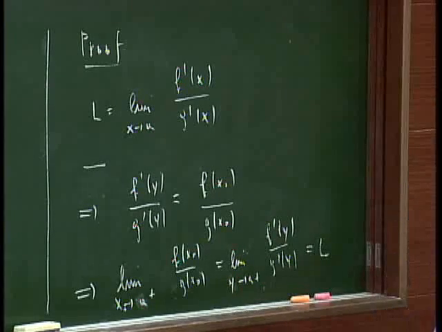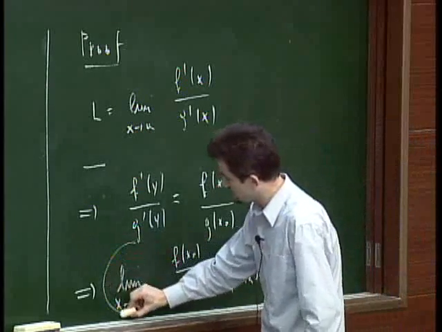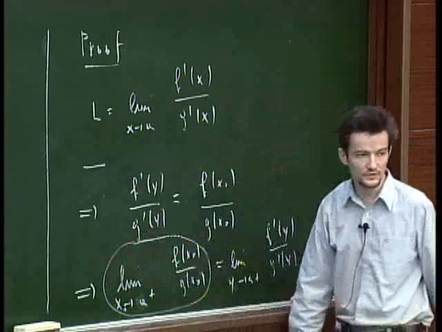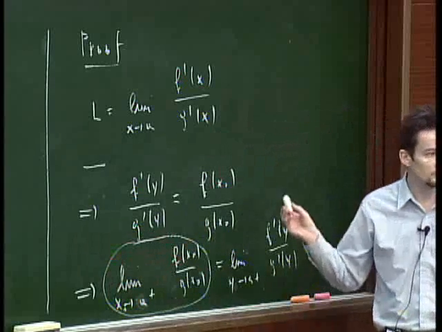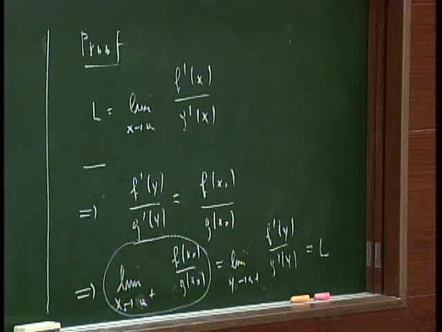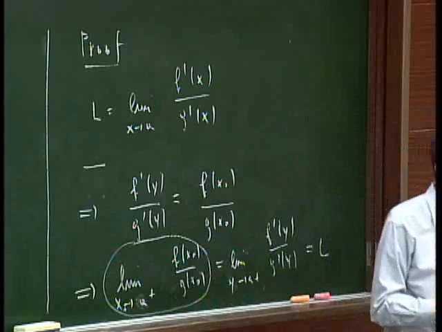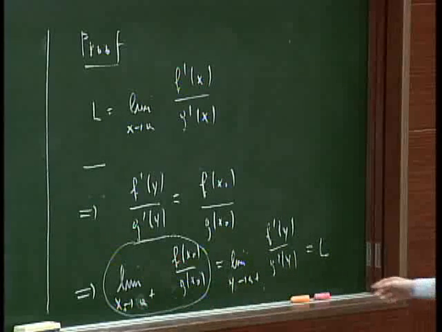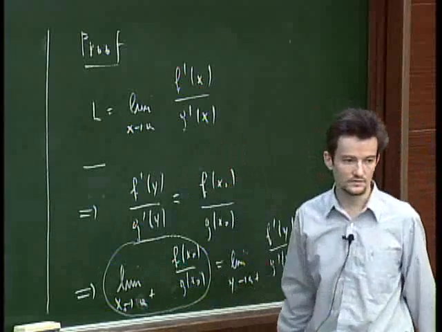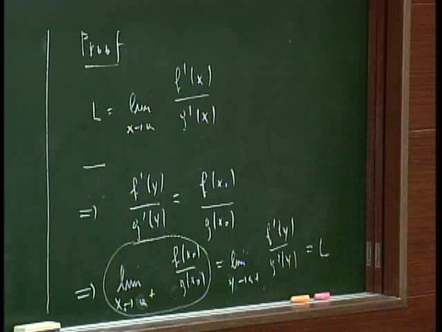So now we have already proved that the right-hand limit of this quantity exists and is equal to L, and we do the same for the left-hand limit, which then tells us that indeed the limit of f of x over g of x as x approaches a exists and is equal to the limit of the derivatives.